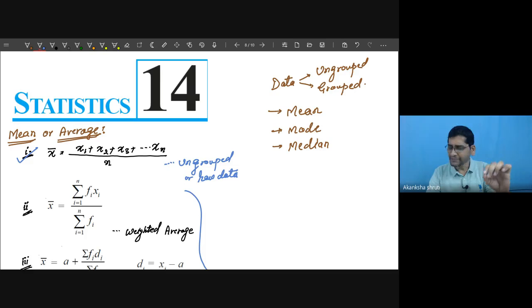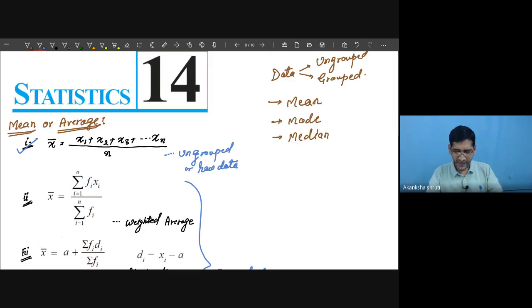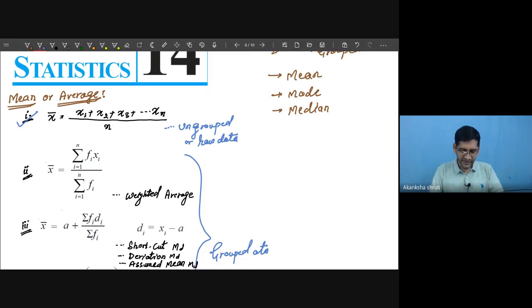So we have to deal with the class mark and frequency rather than individual data. And the mean is calculated by the sum of the product of class mark with respective frequency divided by total frequency. In formula form, it is the second one.